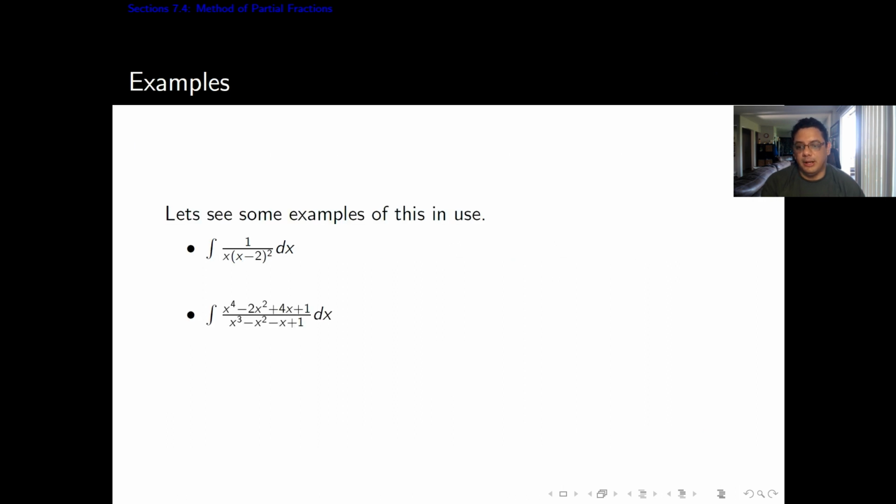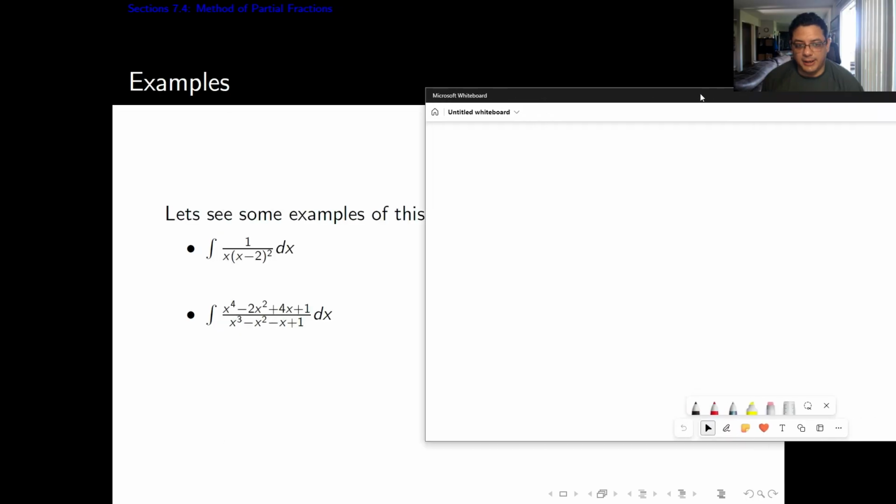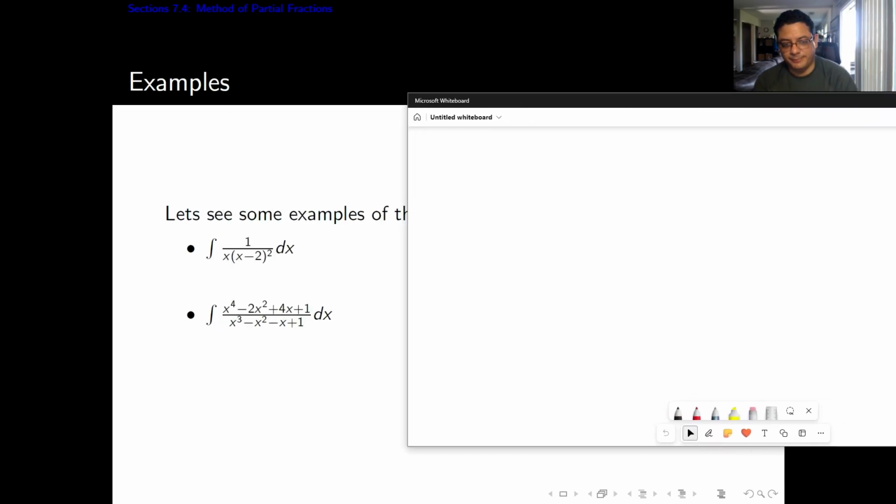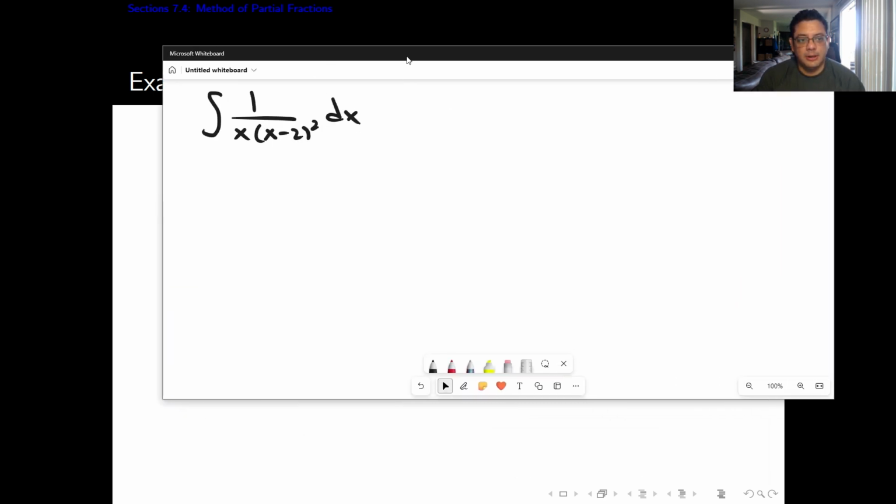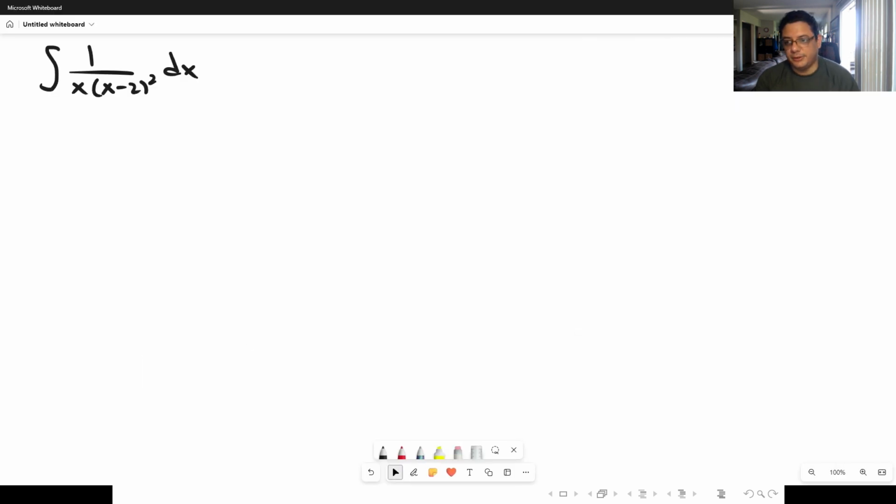So, we're going to see the following integrals: 1 over x times (x minus 2) squared, and another one here. So pay attention to this.